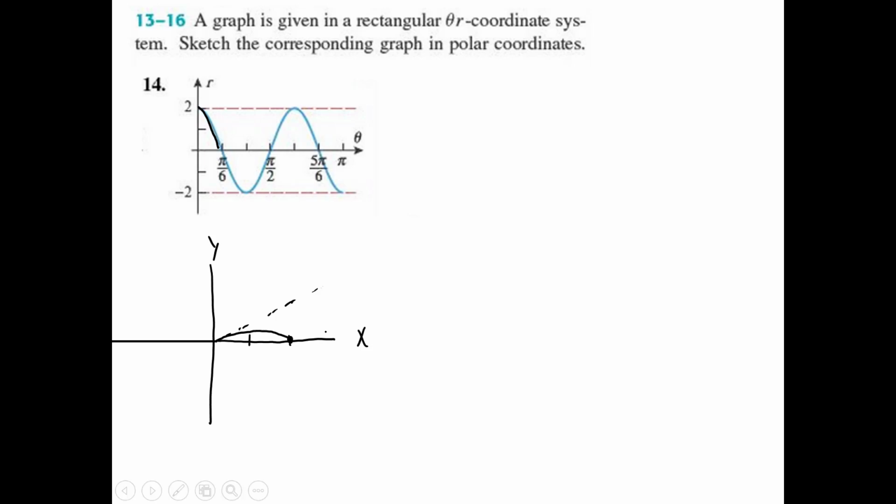Okay. And then this part of the graph looks like you're going up by pi over 6. So this would be 2 pi over 6, 3 pi over 6, or pi over 2. So 2 pi over 6 is pi over 3. That's 60 degrees.